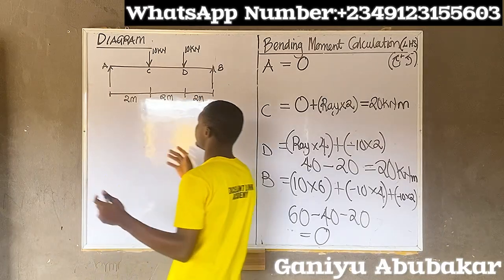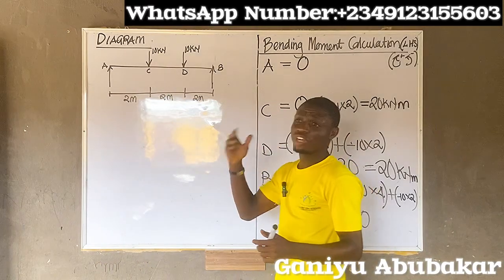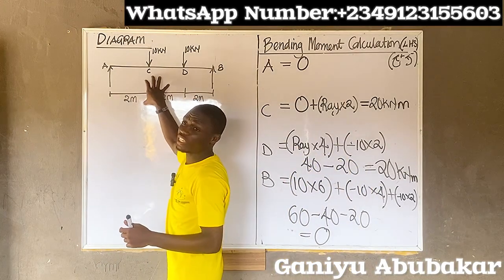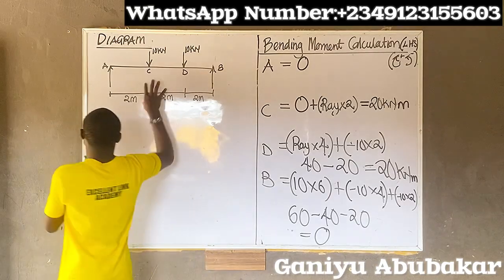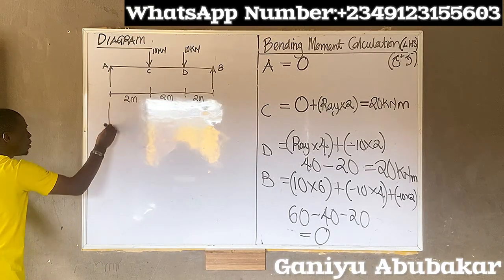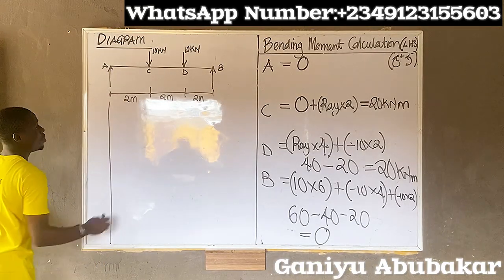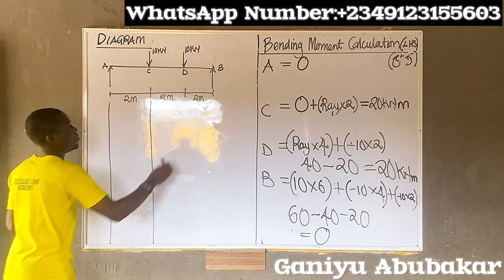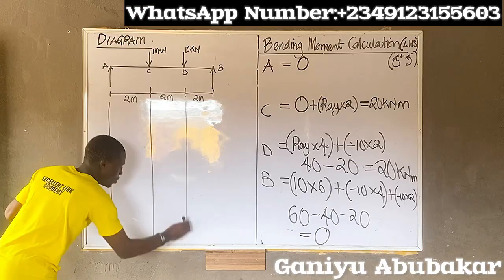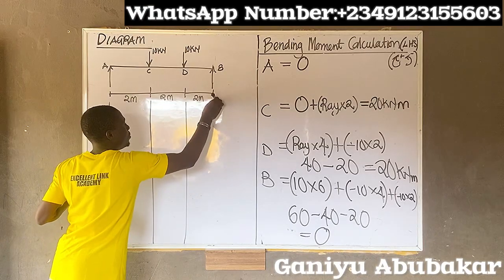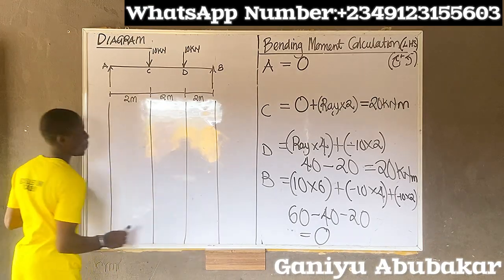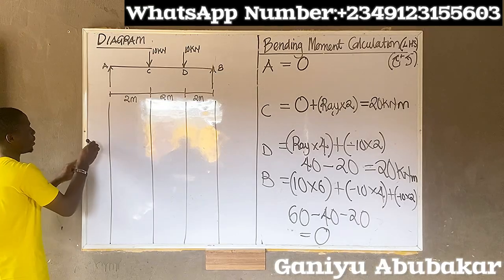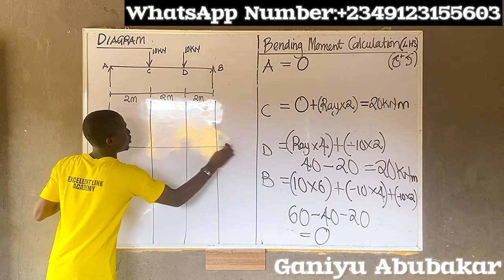Alright, now listen. Before you draw a diagram, always try to reproduce the beam diagram this way. When you are done with that, take them downwards this way. This part C, take it down this way. This part D, take it down this way. And of course, part B, take it down this way. So I can just come here, just a random graph, right?